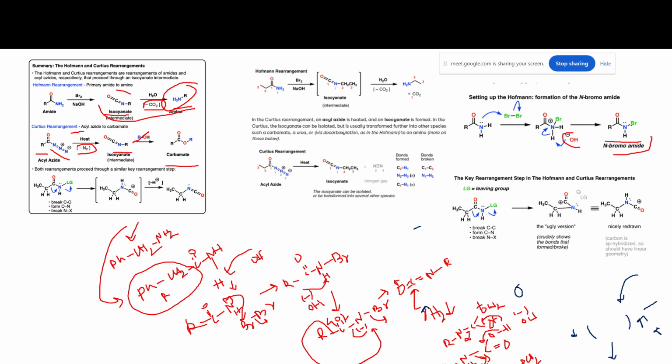So now your bromide is a leaving group. Now what will happen? When it is removed, you will have a positive charge here. So now this bond is broken and it will be attached here. So you are forming that RNCO.